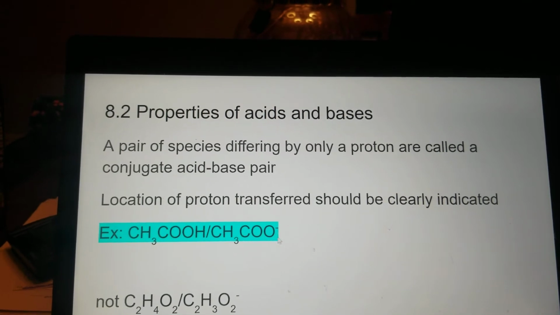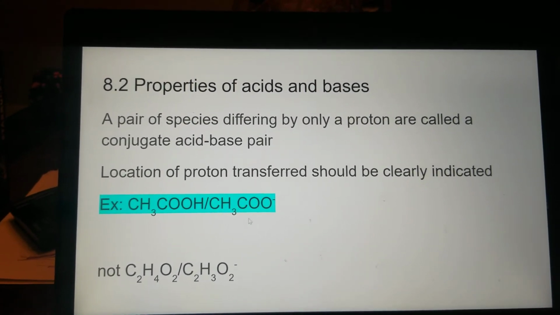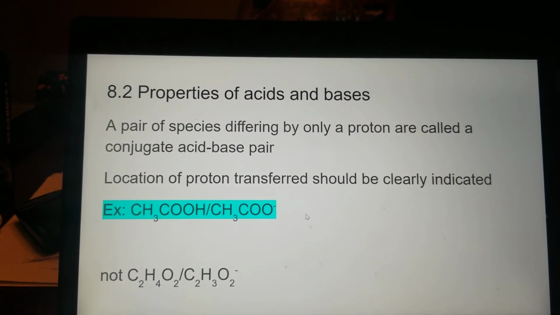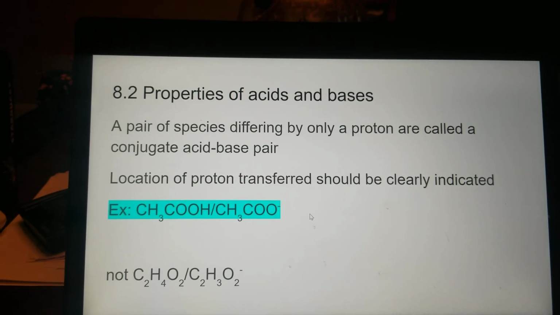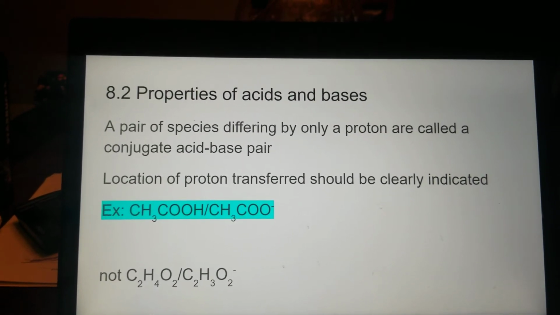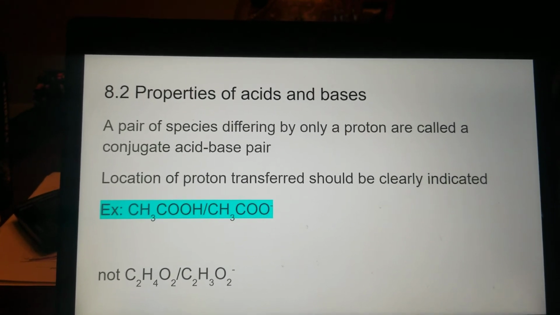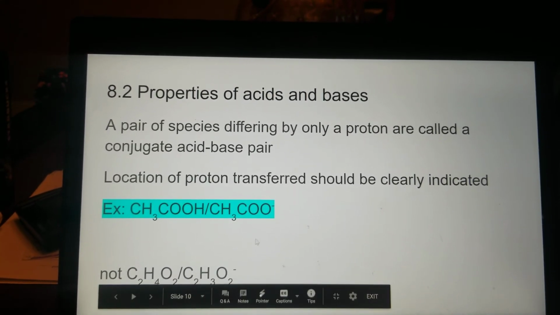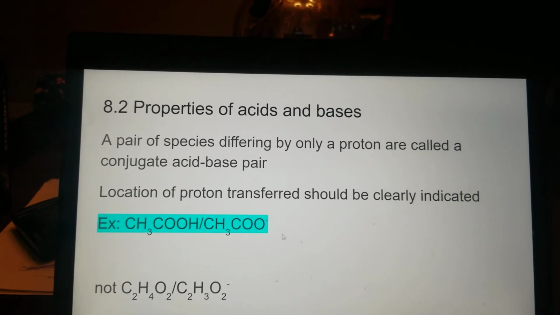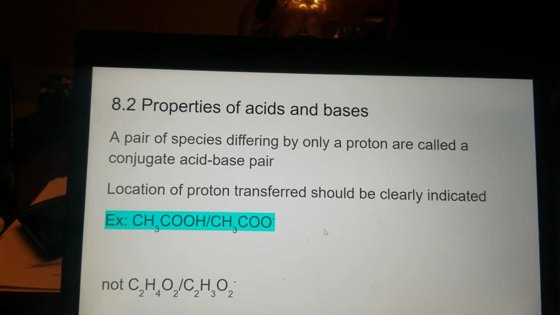This shows that this was the hydrogen that was lost. If you look at the bottom example, it won't show that because it groups all the H's together. And so you don't know exactly which hydrogen at which location was the one that was transferred. So you do not want to write a conjugate acid-base pair the bottom way. You want to show it this way, okay? The highlighted way.